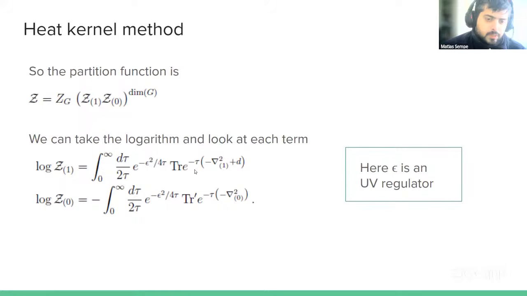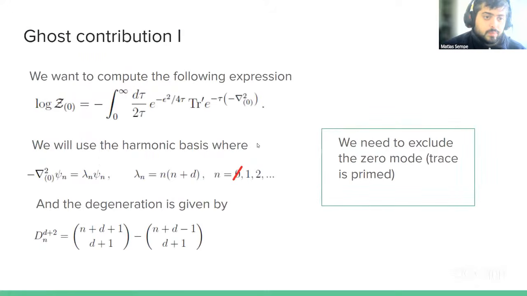This one is in the denominator, this one is in the numerator. Yeah. So let's calculate the ghost contribution. The transverse contribution will be exactly the same, up to a subtraction. So we have to calculate the heat kernel. So we grab all the possible solutions here.